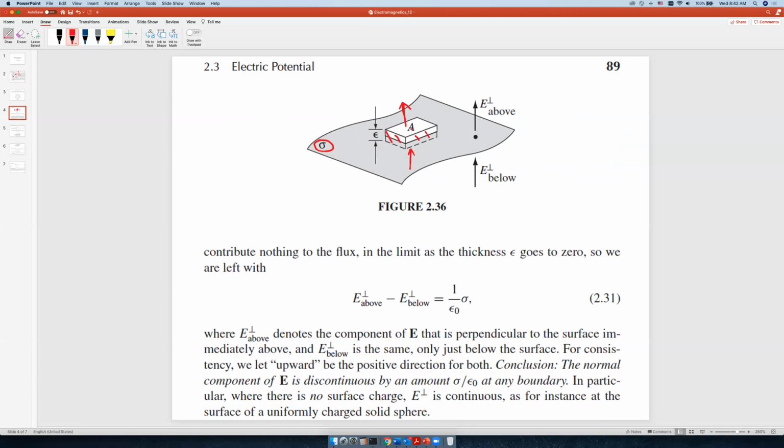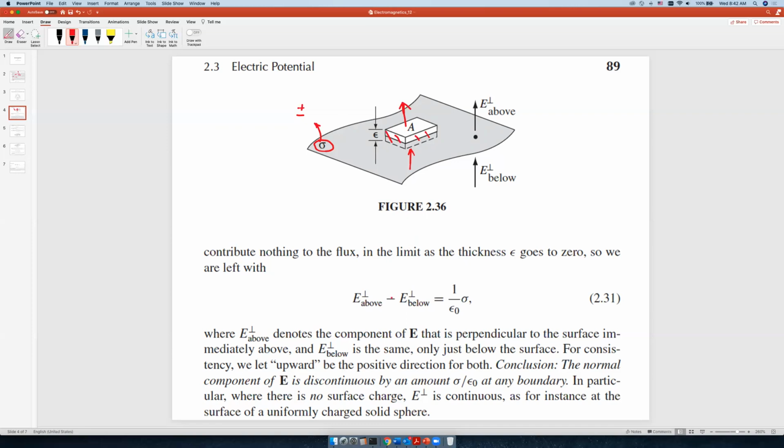But no matter whether the charge density is positive or negative, the E at this position should always either go up or go down. So there's no side or parallel component of E, parallel to the top pillbox surface. It's always going up or down.